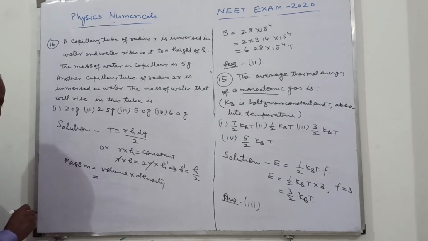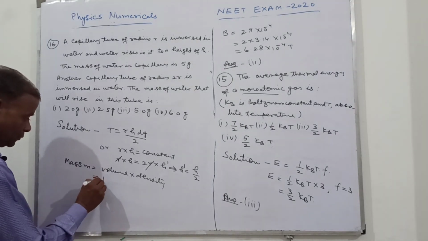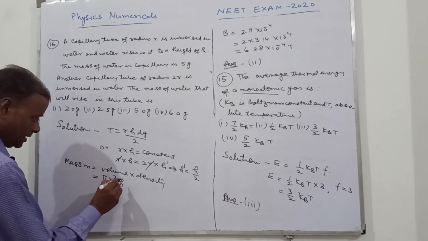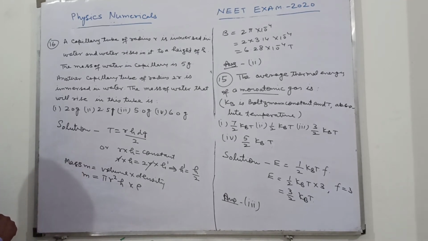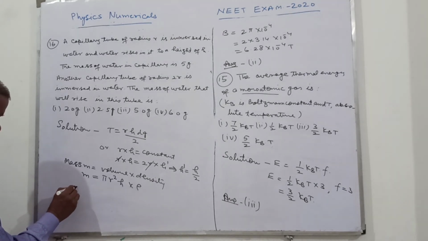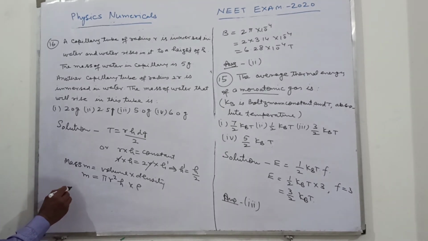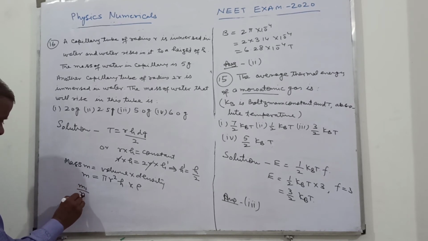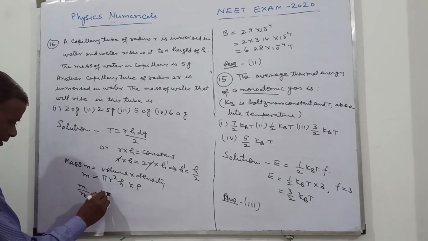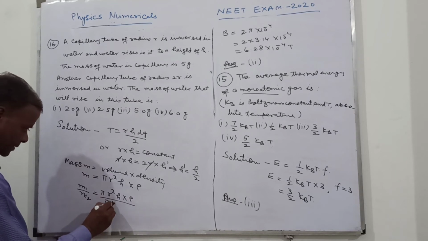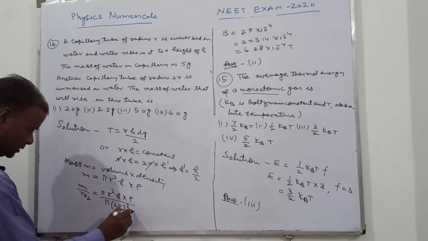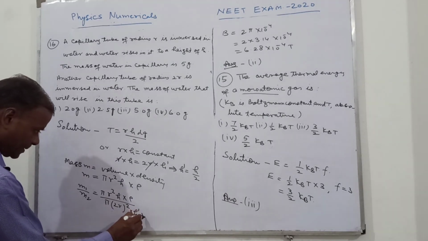Since the capillary tube is cylindrical, the volume will be pi r square h into density. This is now rho, this is now m. So what we have: m1 upon m2 is equal to pi r square h into rho upon pi into 2r whole square into h dash into rho.